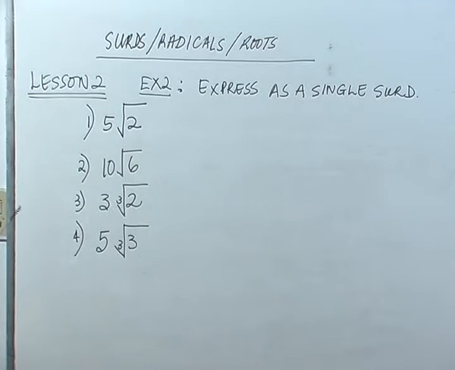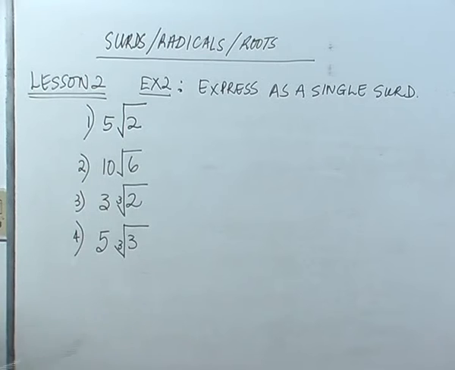Alright, here's a little exercise for lesson 2. Express as a single surd: number 1, 5 root 2. Number 2, 10 root 2. Number 3, 3 cube root of 2. Number 4, 5 cube root of 3.